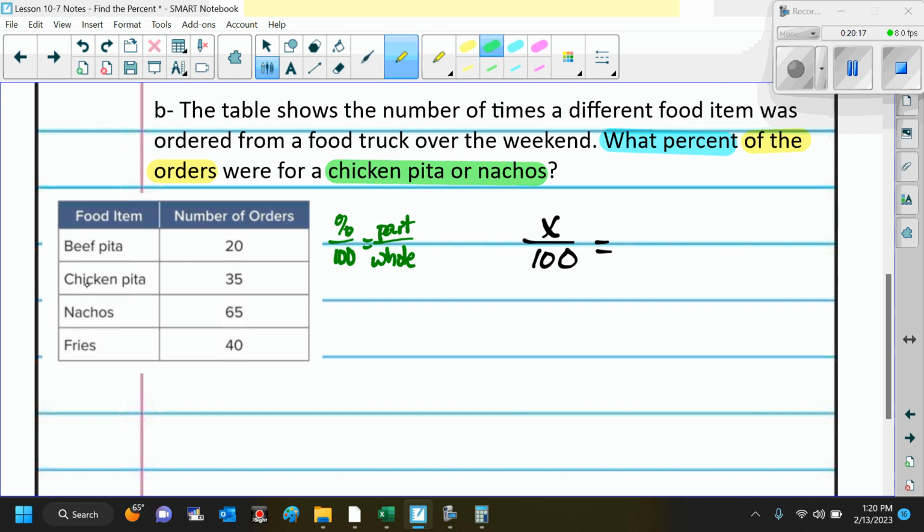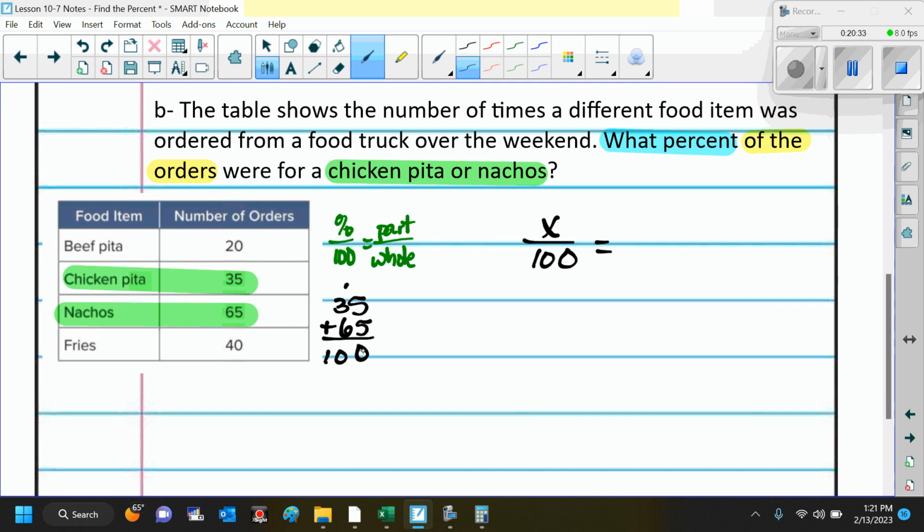So go to your chart. Here's chicken, pita, and here's nachos. So that 35, write it down, 35 plus 65, of course, look at that, gives us 100. Okay, so that's going to be 100, and that's going to be the part. So that goes up here.